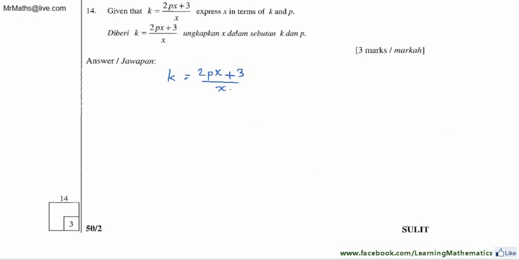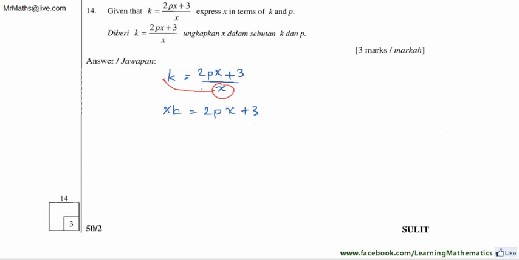So we need to put x on the left hand side and everything else on the right side of the equal sign. So first of all, let's put this denominator back here. So that is xk equal to 2px plus 3.